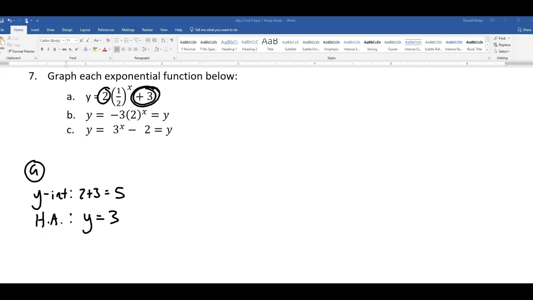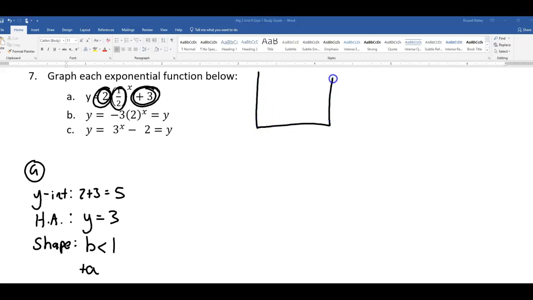The next thing we've got to do is determine our shape, and the way that you determine the shape is by looking at the b value and the a value. If your b value is less than 1 and your a value is positive, then you're going to look at a chart that I gave you guys back in lesson 8.2.